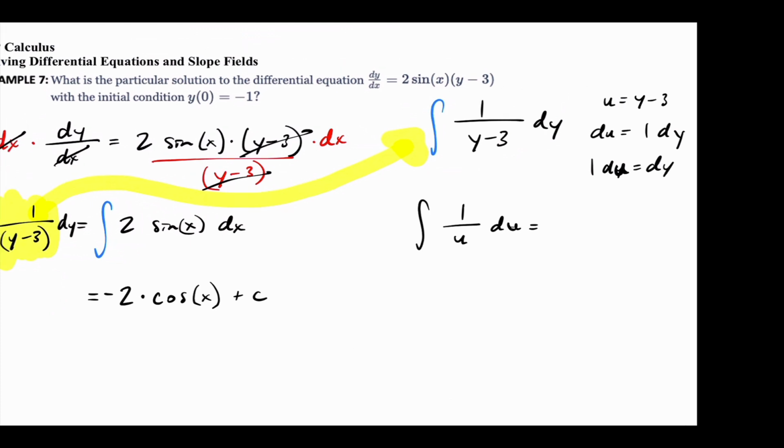But this relationship you guys have seen before. What's the antiderivative of this? Natural log. There you go. So we get natural log of u plus c. We put the bars around u because that always has to be positive. Always has to be positive.